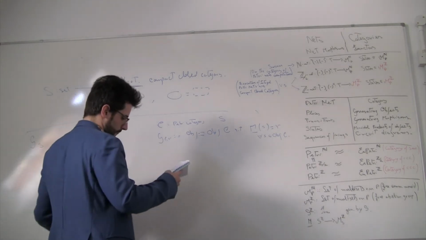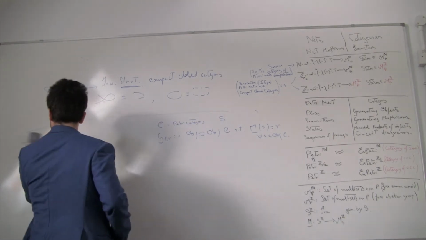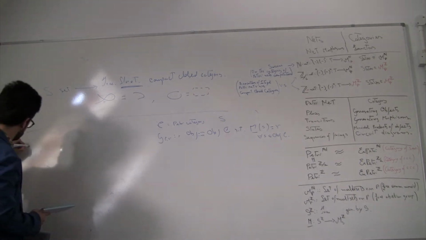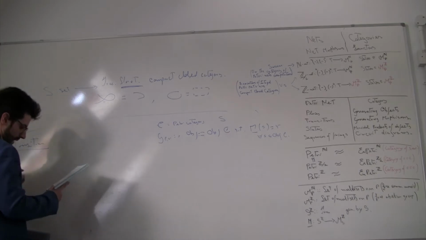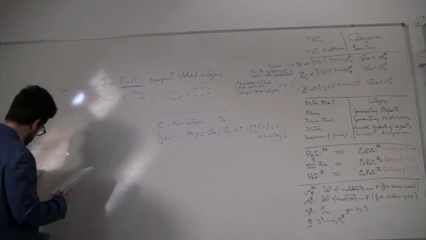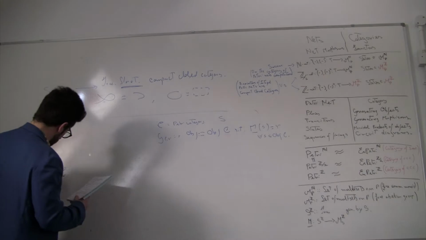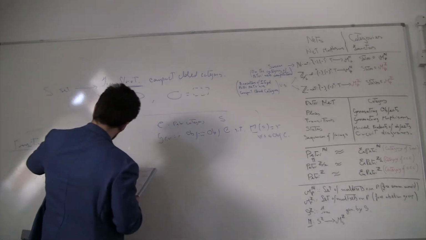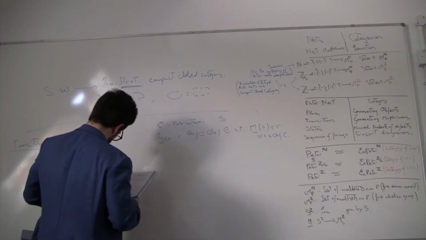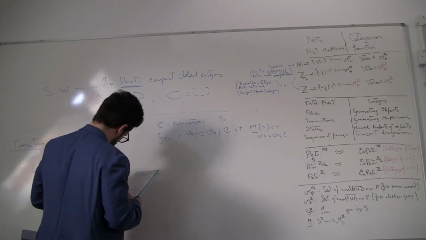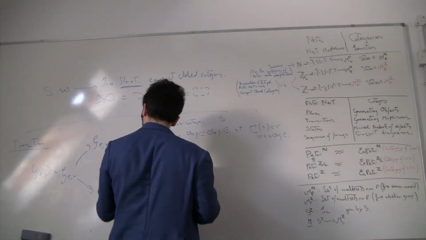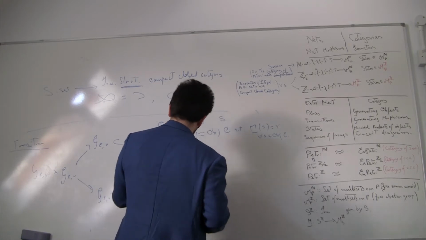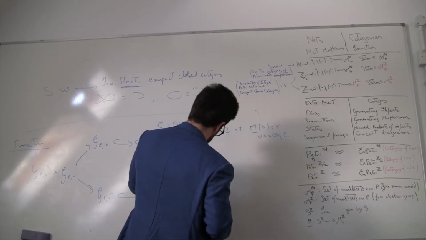So now what I can do is define a transition in a Petri category as a natural transformation from G C nu to G C prime, such that this is primitive.